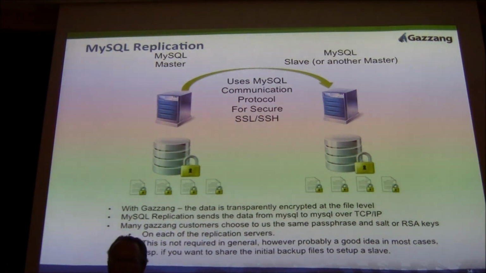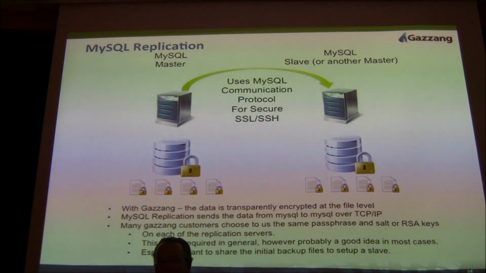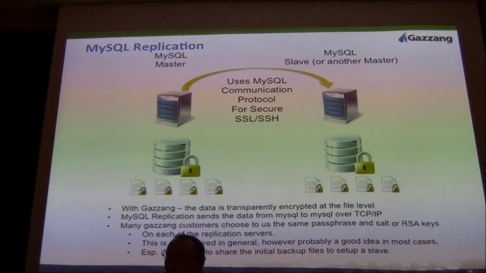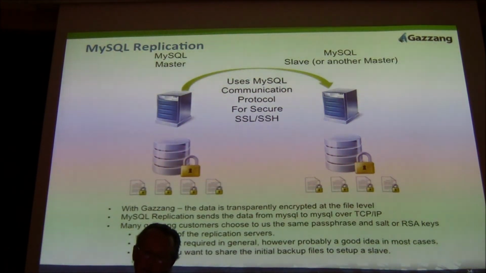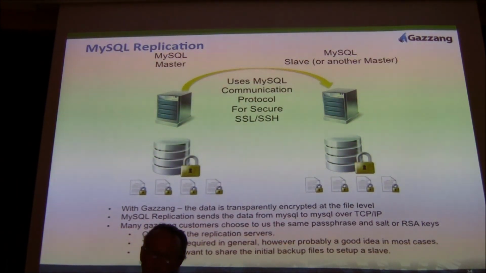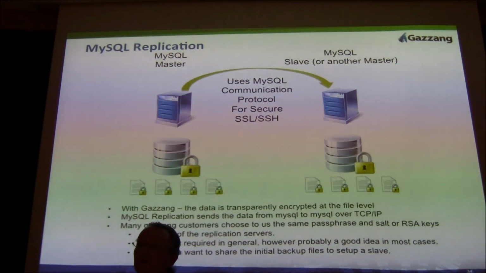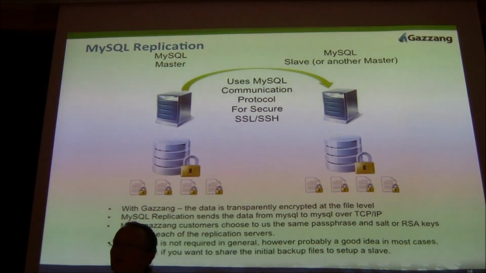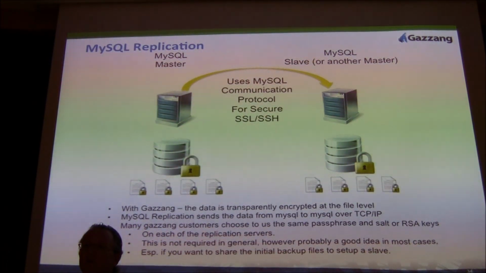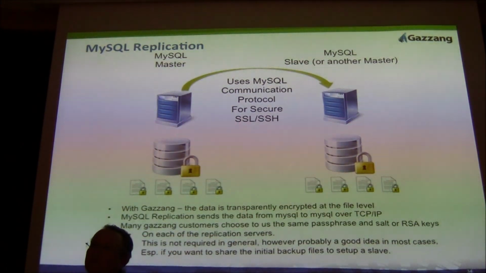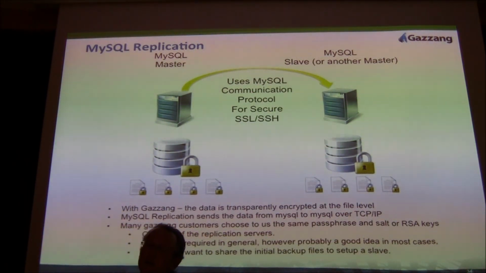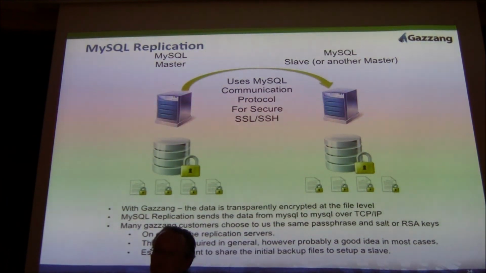And in the case of MySQL encryption I'm showing here, MySQL replication doesn't really care. It's doing that at the top level, but I can still secure all those files down below just fine. You could use the same passphrases or different passphrases. Maybe there's some reason you would want to use different ones on a slave than a master. I suppose I could think of why, but we could probably come up with some reason.